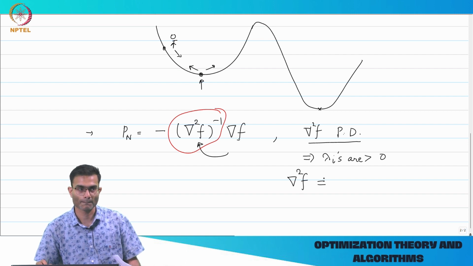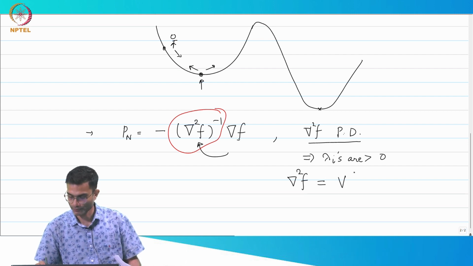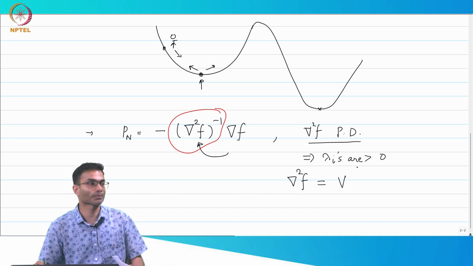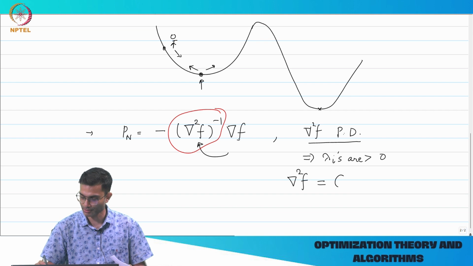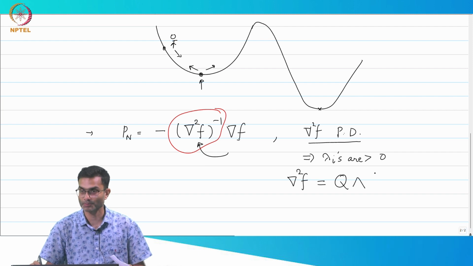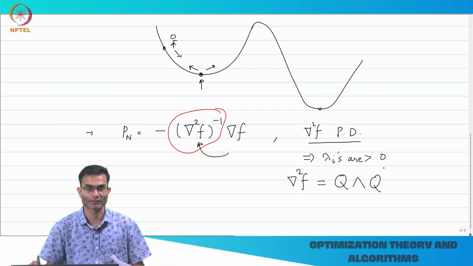What was it? Eigen decomposition, not singular decomposition. So let's use the standard symbol. Let's say Q. Next would be capital lambda. Next would be, are you sure? So there is a transpose that we have to get correct over here.